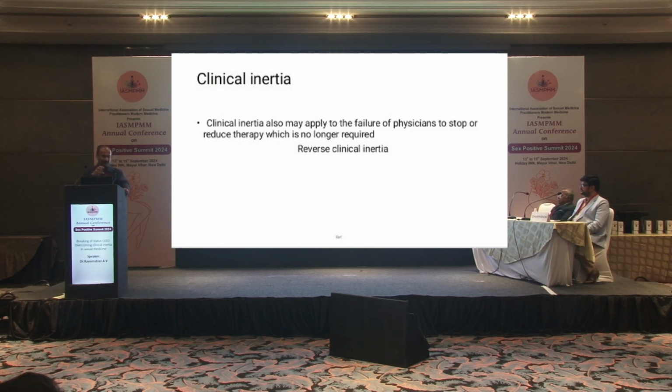We have to consider the treatment target subjectively, and we have to reduce the treatment dose if the patient is developing recurrent hypoglycemia. If we fail to reduce the treatment dose or drug therapy, that also constitutes clinical inertia.